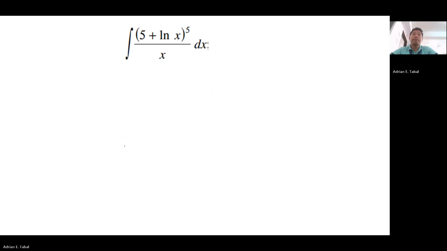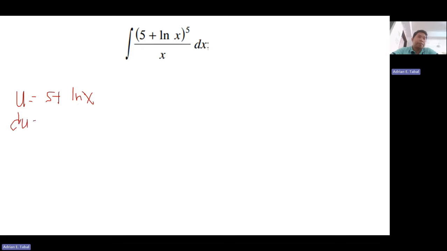Next, this is not the last one, it's the fourth one. So we have an exponential or logarithmic equation. Same, we're going to use u as 5 plus ln x, or the natural log.